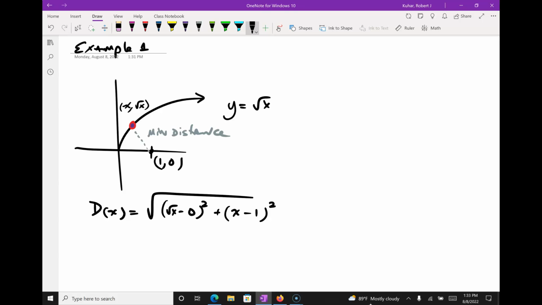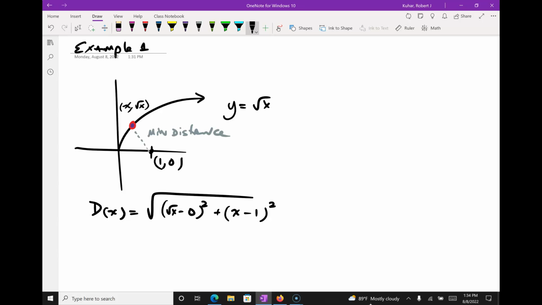So that's the setup for this min distance problem. Now the function's going to be different, the point's going to be different, et cetera, right? We'll do one in a second with the ellipse that's in the book. But this is typically the one I give you.